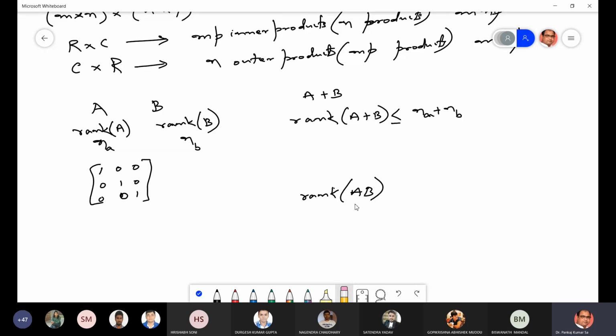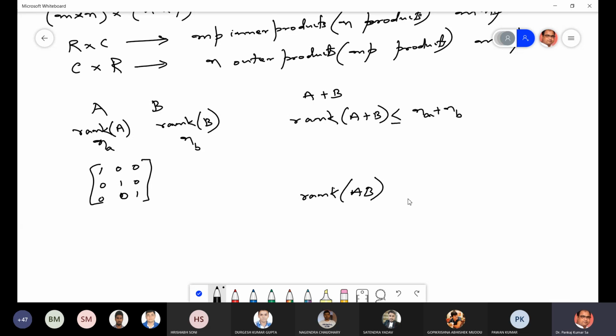Forget that it's an identity matrix, it's any usual matrix A and B. Fundamentally, what exactly are we doing while multiplying? We are scaling, isn't it?